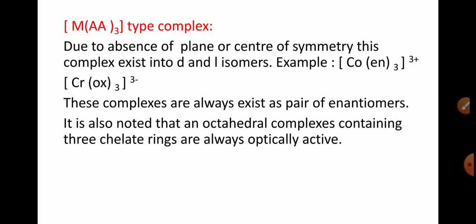It is also noted that octahedral complexes containing three chelating rings are always optically active. When we write the structure of these complexes, it forms ring-like compounds. Since it has a bidentate ligand, it forms a chelating ligand or a ring-like compound. These types of complexes are always optically active.